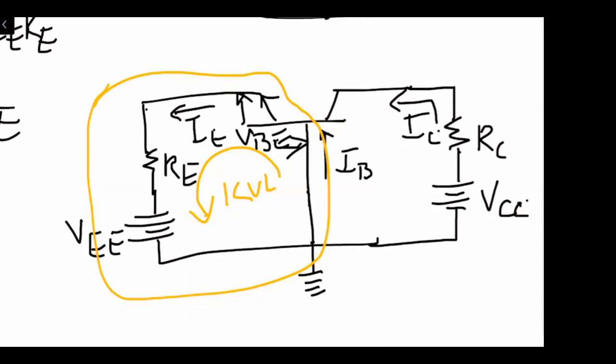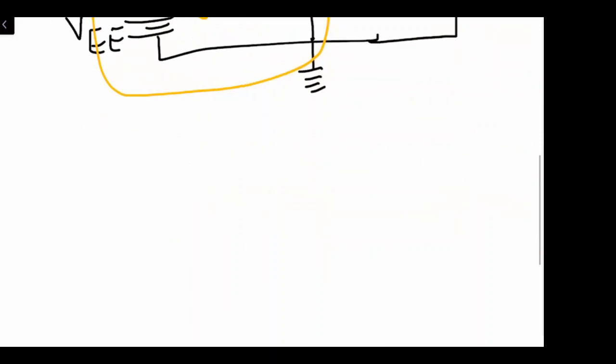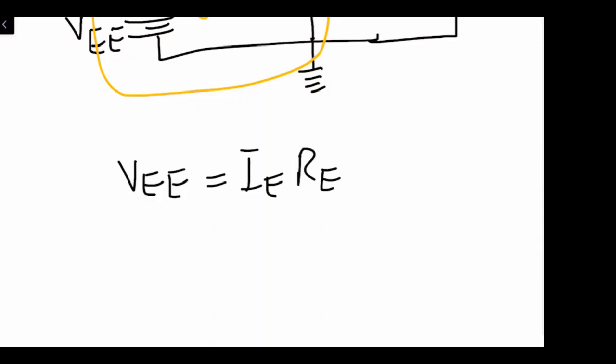Now when we apply this, let's see. We can say VEE is equal to IE RE plus VBE, right?